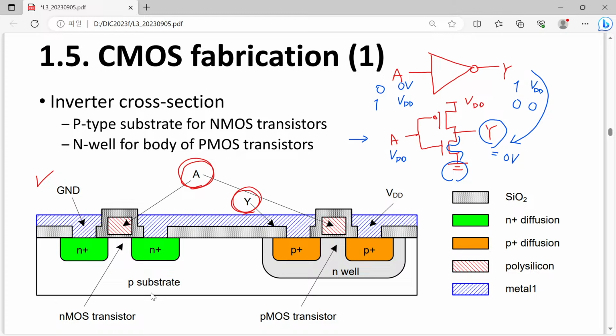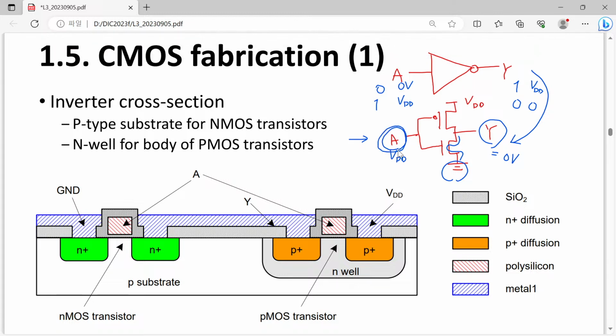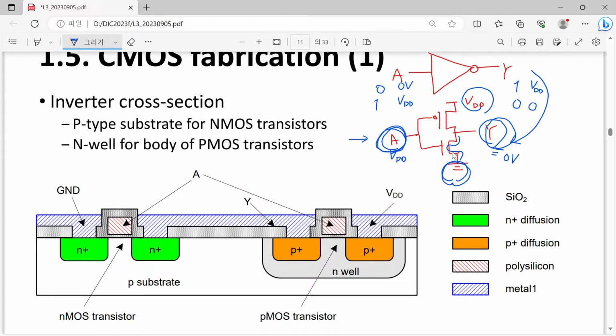So this cross section shows how we can make our inverter, the simplest circuit, into a silicon chip. So now we understand this inverter has some components like A, Y, VDD, ground, N MOSFET, P MOSFET.